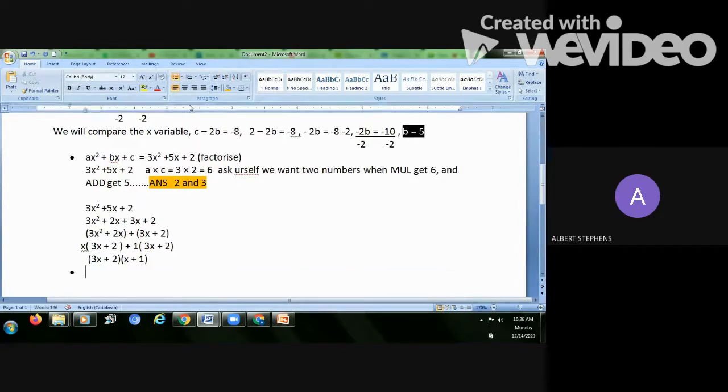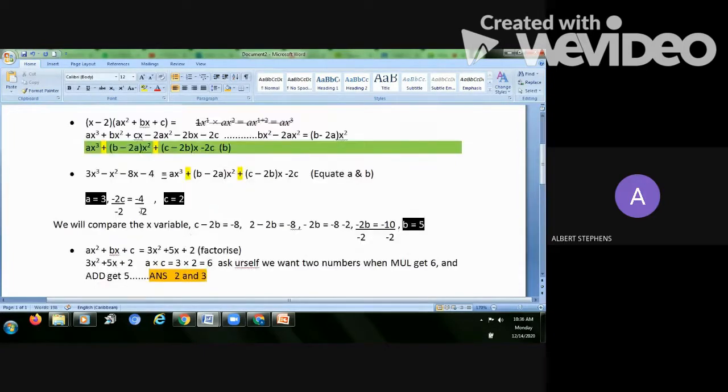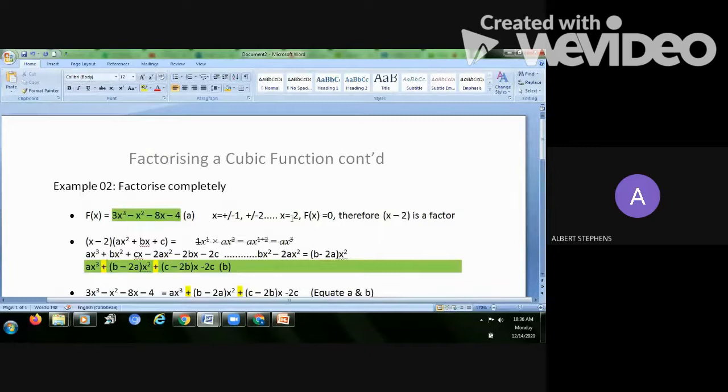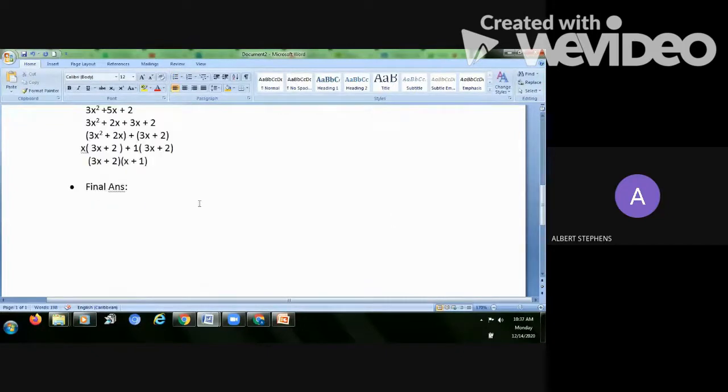So the final answer would be, well, this was the first factor that you worked out up here. So you're going to write that back.